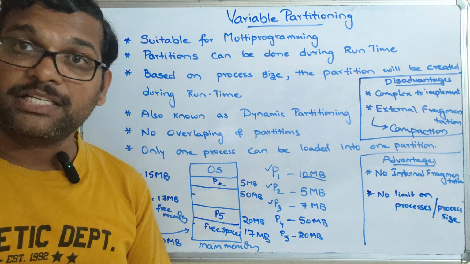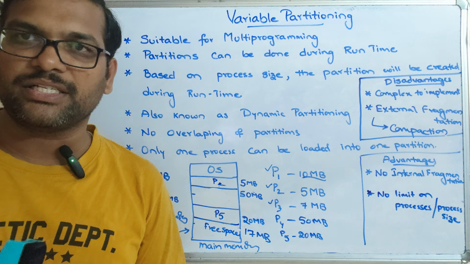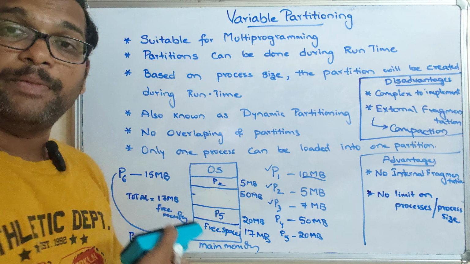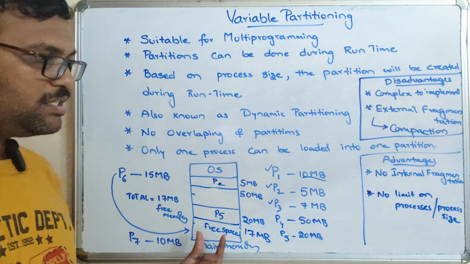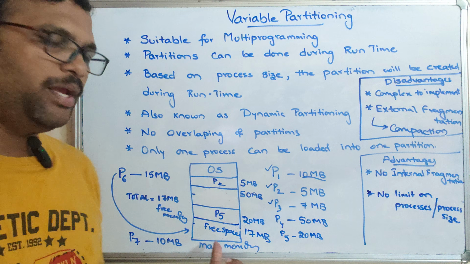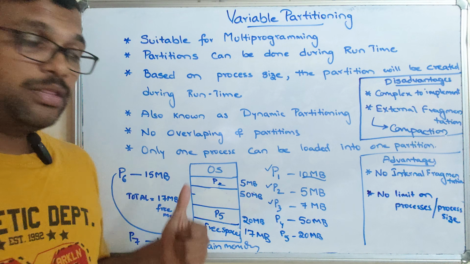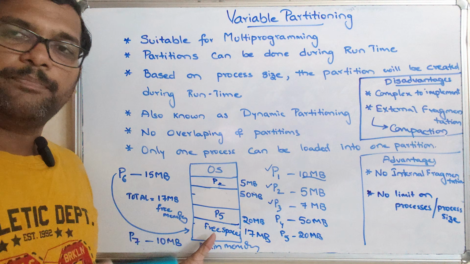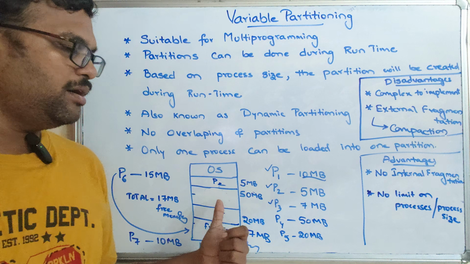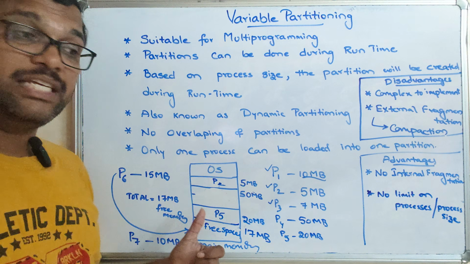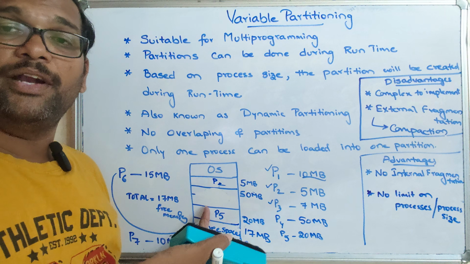All this happens only when the main memory is completely allocated with processes. If there is free space in the main memory, there is no question of compaction. Directly one more partition will be created and the process will be accommodated in that memory. So when the complete memory is filled with processes and one more process wants to be loaded, it will check whether it can be accommodated in the free partitions.